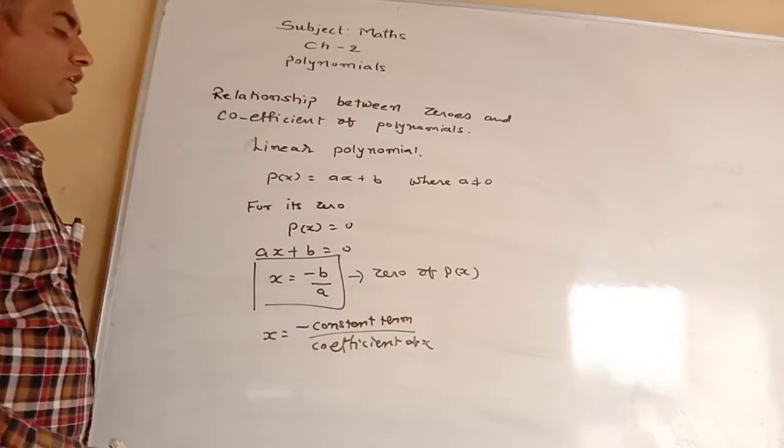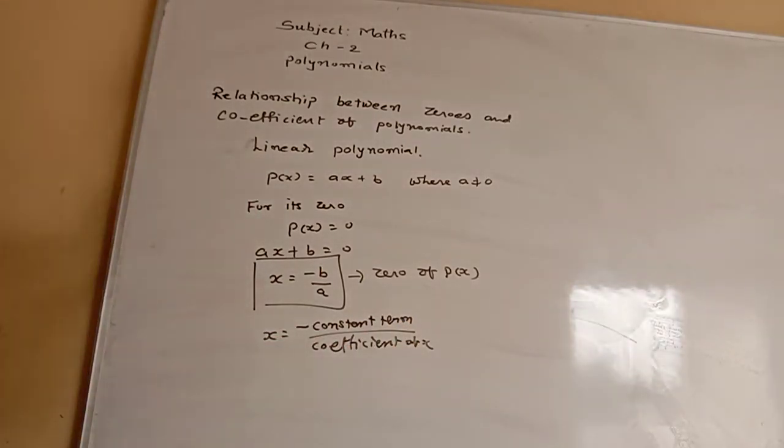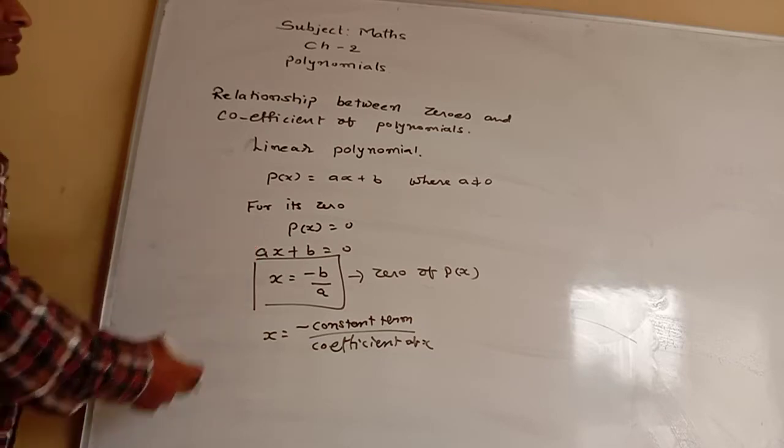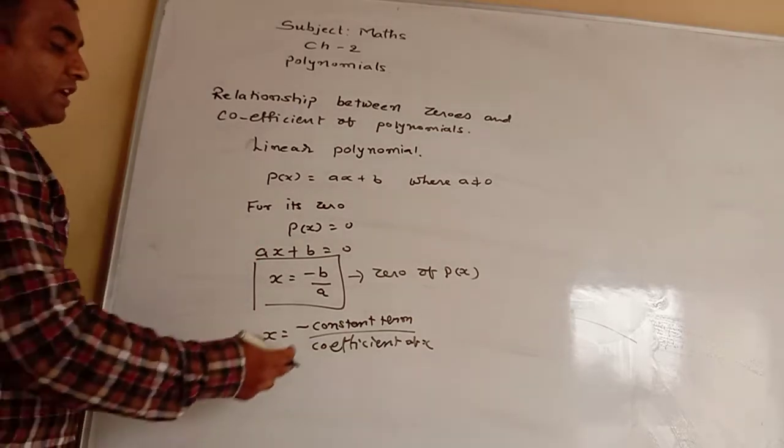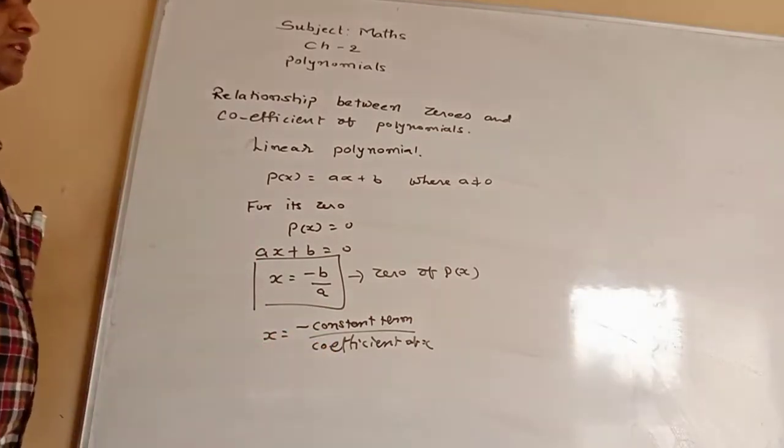So for a linear polynomial, we can write the zero as minus constant term upon coefficient of x.